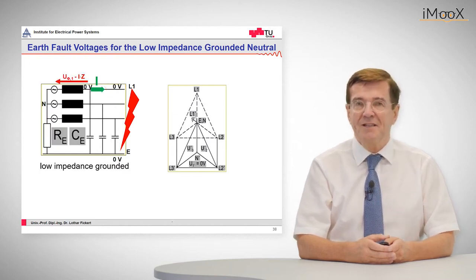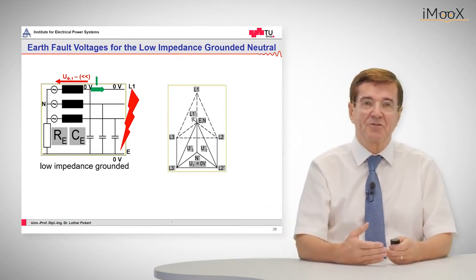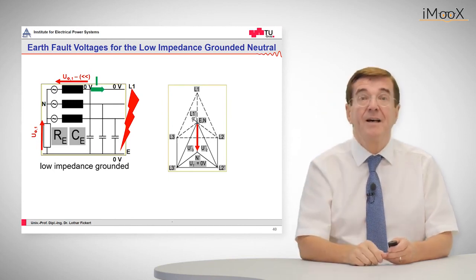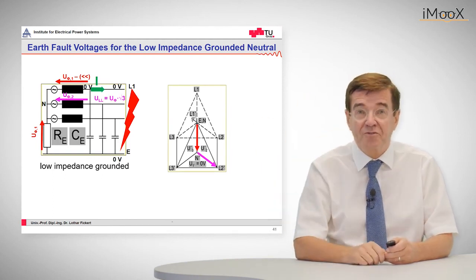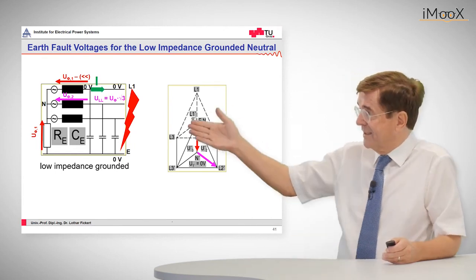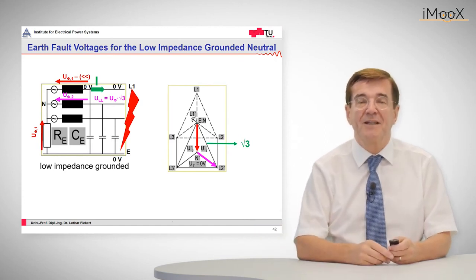This relatively small current has virtually no influence upon the voltage drop across the transformer. So we have the full driving voltage at the low voltage side of the transformer neutral, and by means of this the transformer neutral potential is raised again. On this raised potential we add the healthy phase to neutral voltage, and we end up with a phase to ground voltage, as we can see in the phasor diagram, which is approximately the √3 fold of the undisturbed phase to ground voltage.